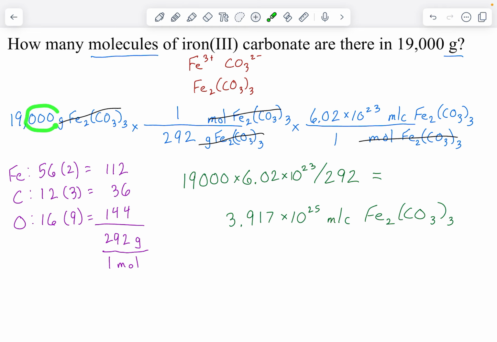These zeros are not significant because they're not underlined and there's no decimal after them. So we only need 2 sig figs. So the 3 is the first sig fig, the 9 is the second one. So it will round to just 3.9 times 10 to the 25th molecules of iron 3 carbonate.